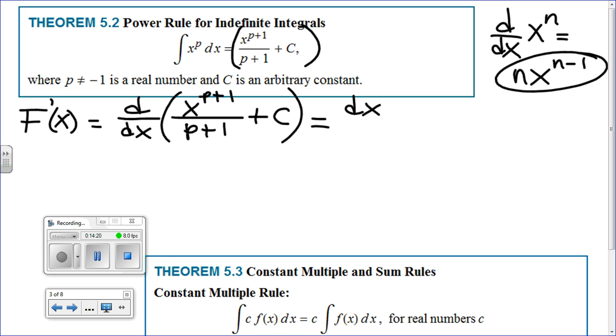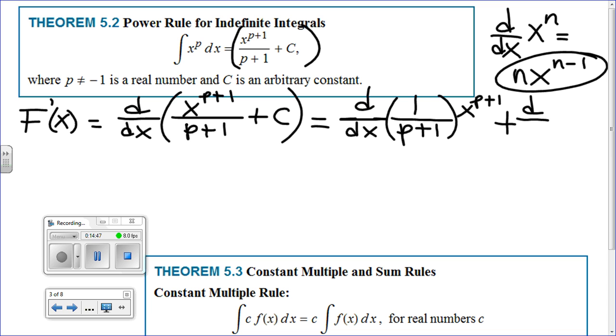So it will be the derivative of, and I'm going to write it this way because there is a coefficient of 1 over p plus 1. Oh, I'm sorry. It should just be d. Okay, and then the x to the power p plus 1. And then I'm going to add the derivative of the constant.